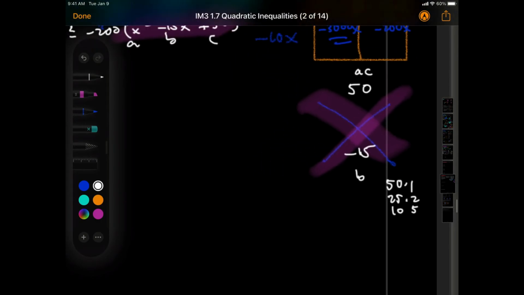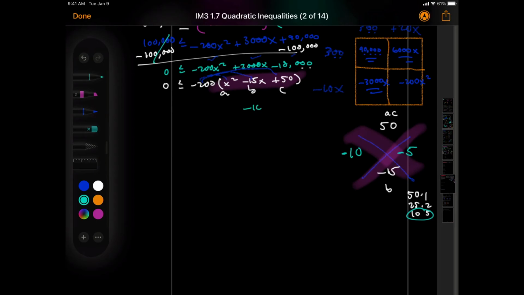and do you see the answer? Okay, so if I make both of these negative, negative 10 times negative 5 equals positive 50, and negative 10 plus negative 5 equals negative 15.